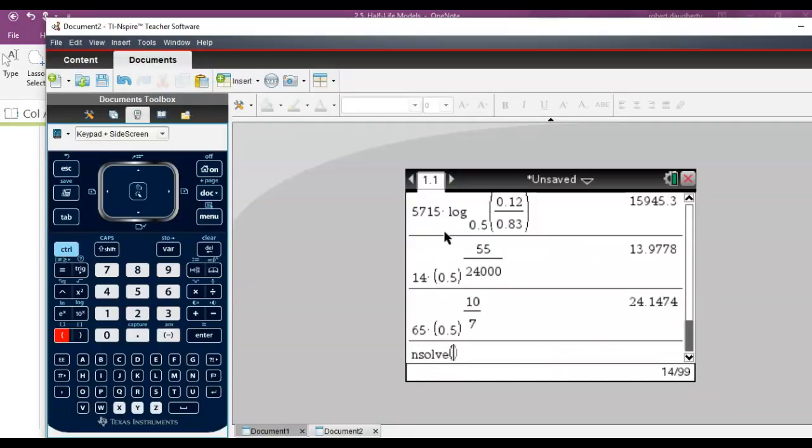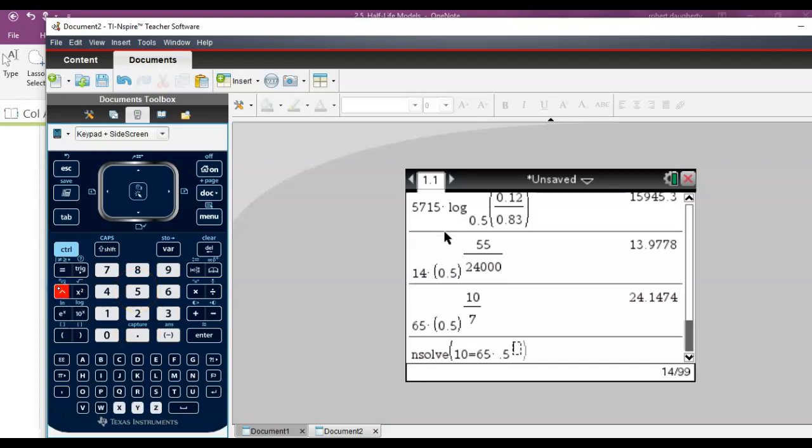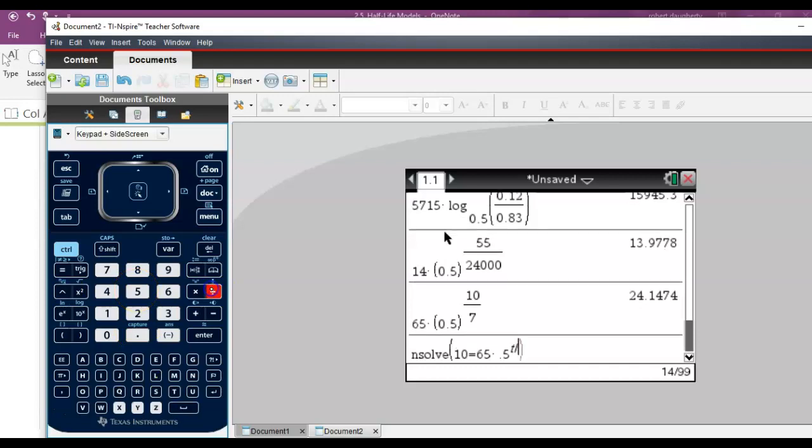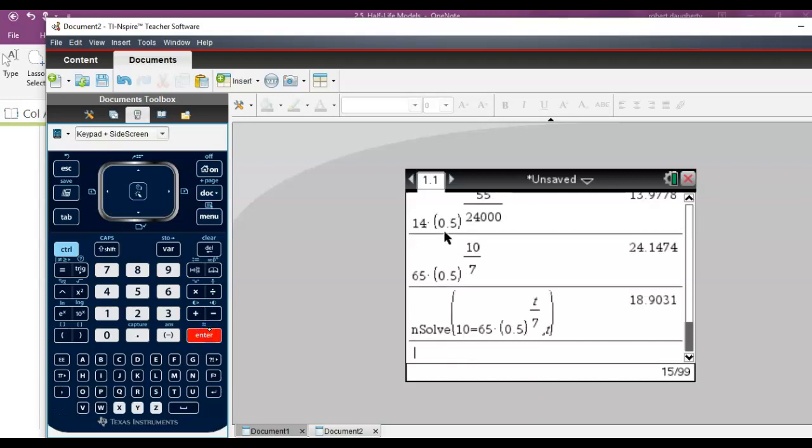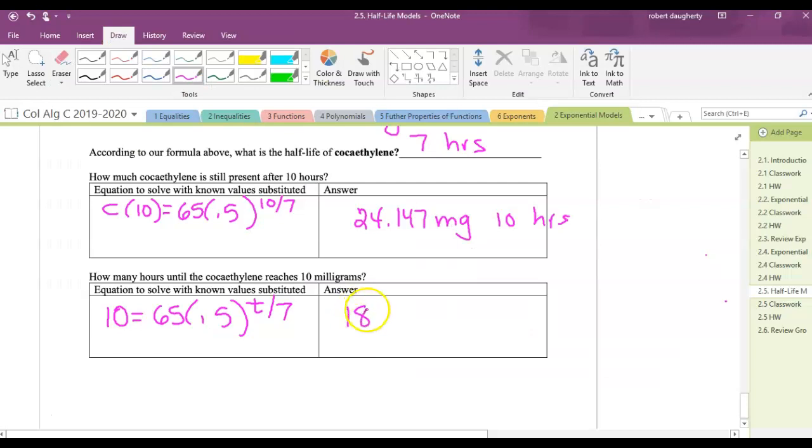Okay, so 10 equals 65 times 0.5 raised to the t divided by 7, and then solve that for t. And that is 18.90. So that tells me it is going to be 18.90 hours to reach 10 milligrams, okay?